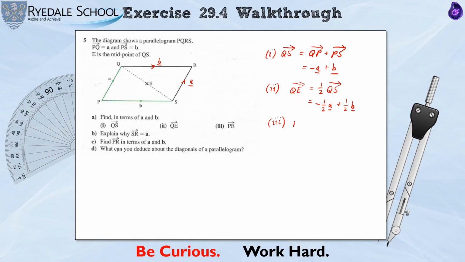So I'm going to do P to E as P to Q and then from Q to E. So it's this one plus an extra A. So what happens when I add an extra A to that negative a half A? It's going to become positive a half A plus a half of B.